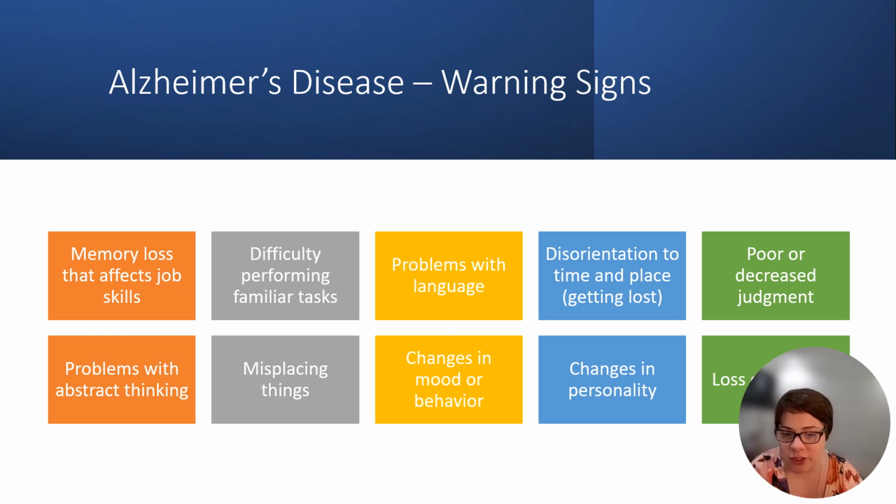Also very similar to other types of mental health disorders, we see loss of initiative, right? So someone who was at one time very active and got up early in the morning and walked their dog, maybe read a book, always cooked their meals, suddenly has difficulty getting up in the morning and starting their day, right?